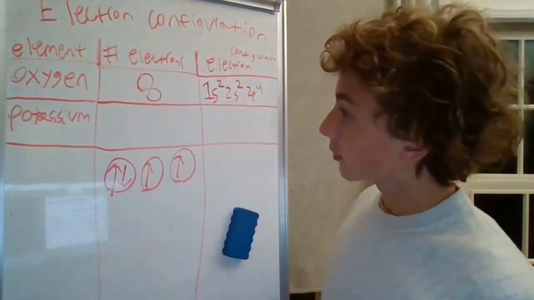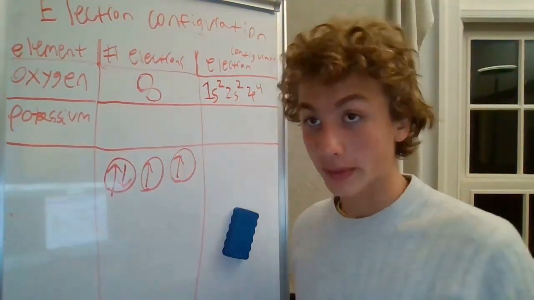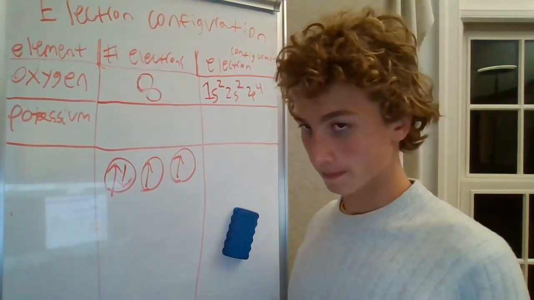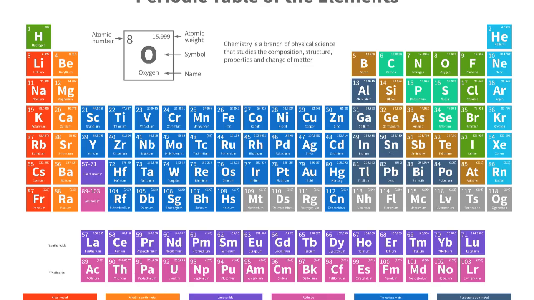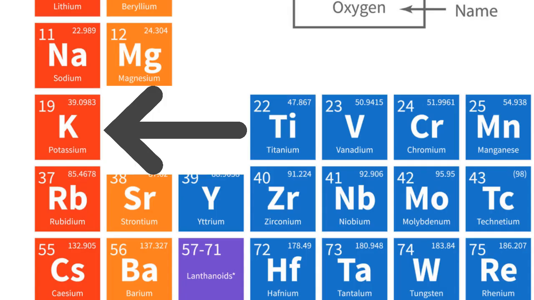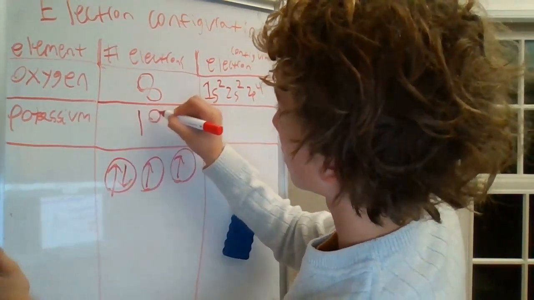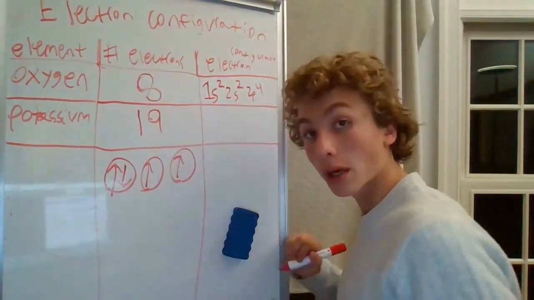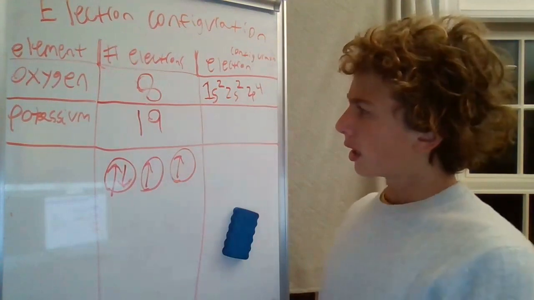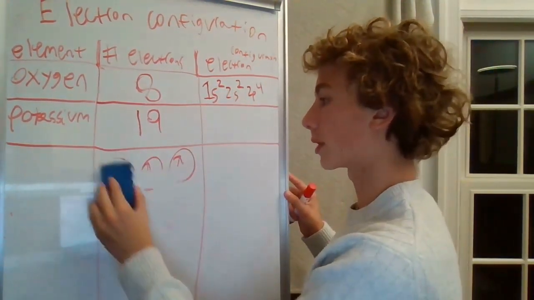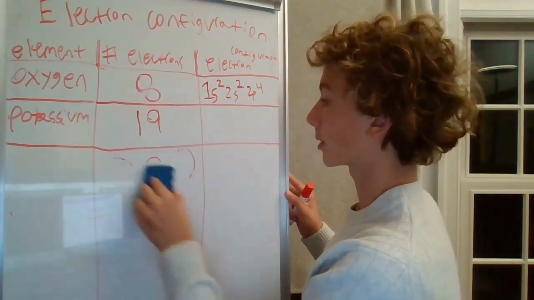So right here, we're going to move on to potassium. If you look where potassium is on the periodic table, you're going to see that it's 19. So the number of electrons is going to be 19. So there we are with problem 19. And you may be wondering, well, how are we going to do this one because it's such a large number?